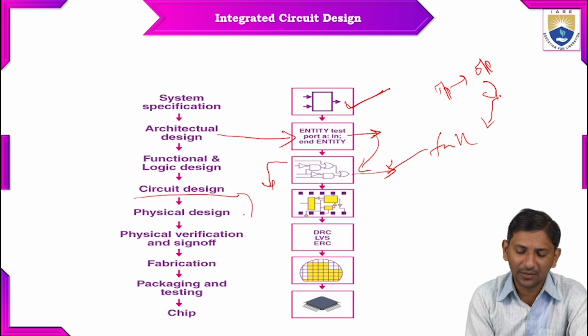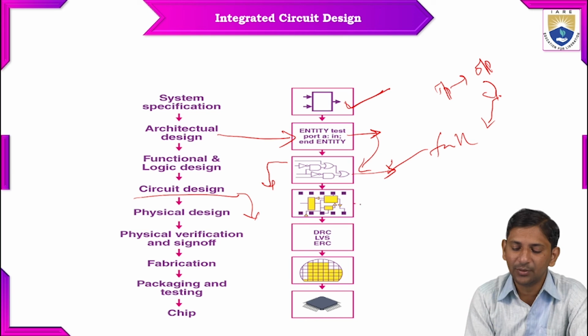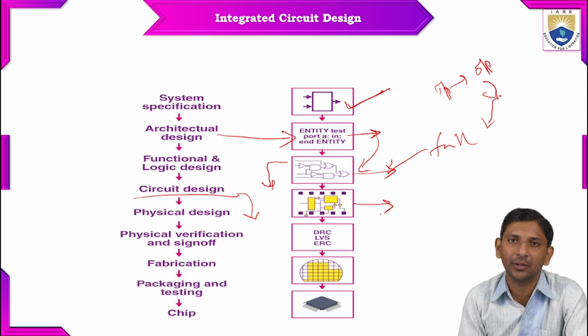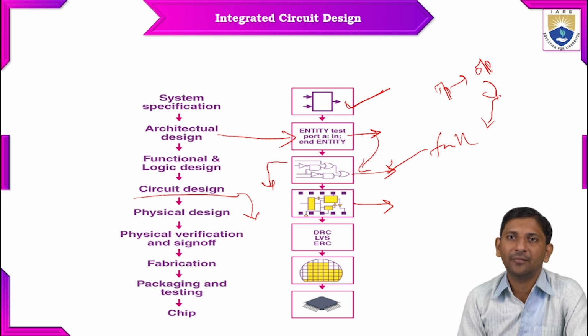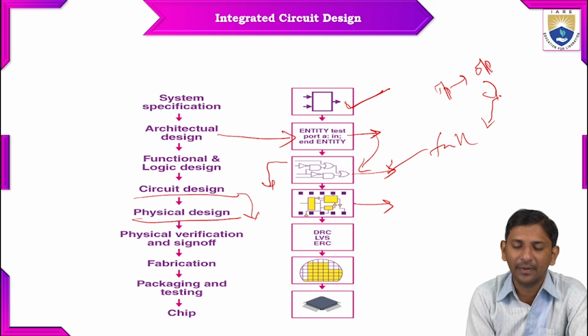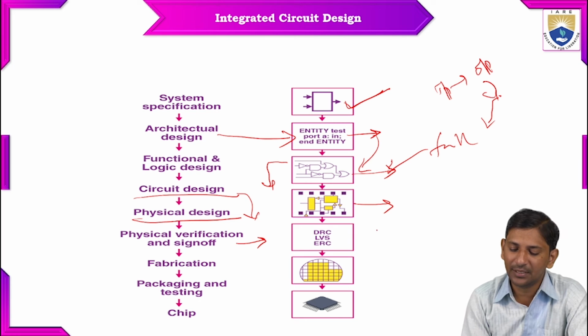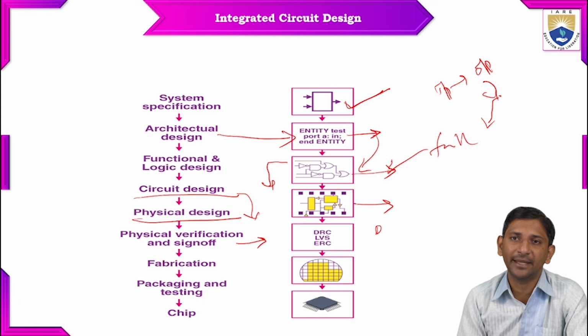Then we send it to the physical design. In the physical design, your circuit is analyzed from input to output, block to block, pin to pin, circuit to circuit, logic to logic. The verification is done with DRC, the design rule check, and the simulation and synthesis process take place.